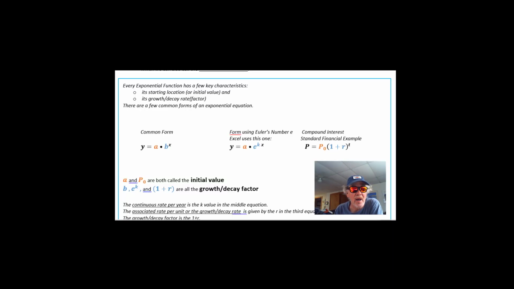Okay, so now we're going to look at three forms of exponential equations. They all have certain things in common. Obviously, they all have an output. But importantly, they have an initial value, a starting place. In the common form, it's A. In the continuous form, it's A. And in the standard financial example, it's P sub 0. So you start somewhere, and then you multiply it by a factor, a growth factor, or it could be a decay factor.